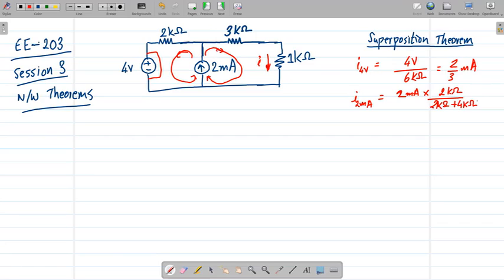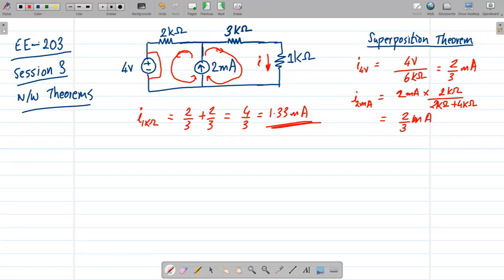So this current is 4 milliamps over 6 kilo ohms. So that's again 2 by 3 milliamps. So what is the total current flowing into the 1 kilo ohm resistor? I 1 kilo ohm is equal to 2 by 3 plus 2 by 3. Okay, so that's the superposition theorem for you.